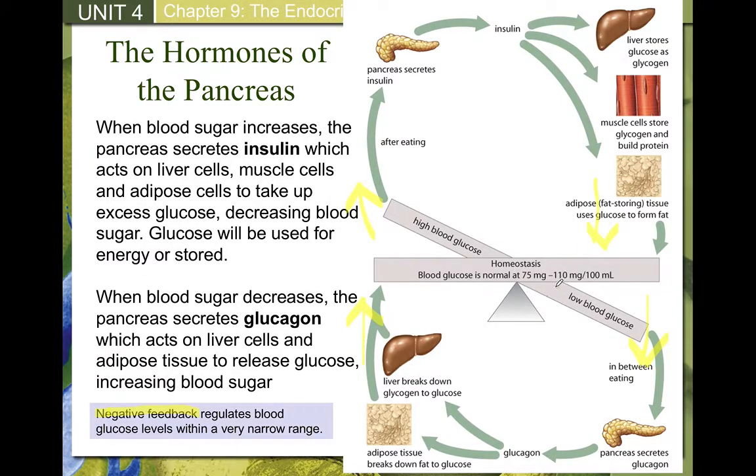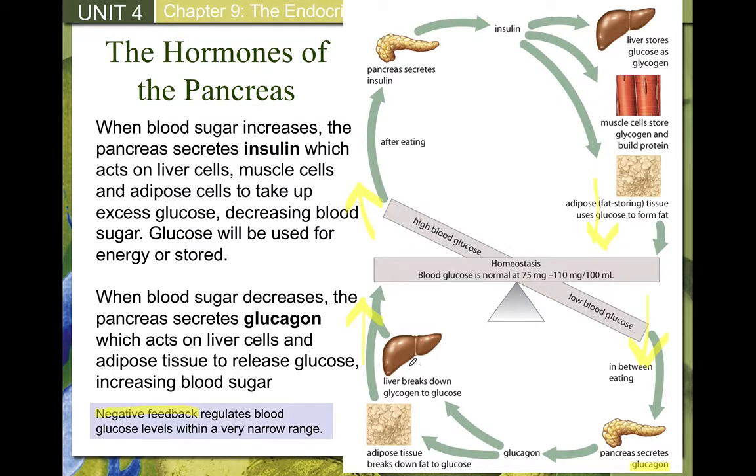If you skip a meal or do any type of rigorous exercise, that's going to cause blood glucose levels to get a little bit low. The pancreas will pick up on that and directly respond by secreting glucagon. Once glucagon is floating around in the bloodstream, it can interact with its target cells.